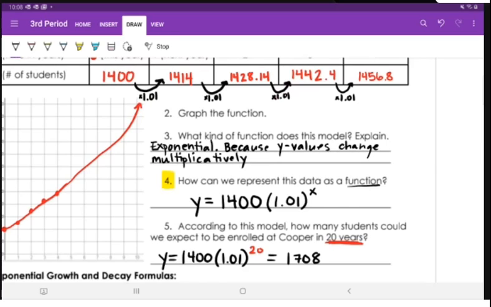Now, no predictions are perfect. In the real world, patterns can change. Things can happen. For instance, if a new school opens up down the road and they take a bunch of our students, like what happened when Cooper first opened up 10, 12 years ago, that could decrease our population.